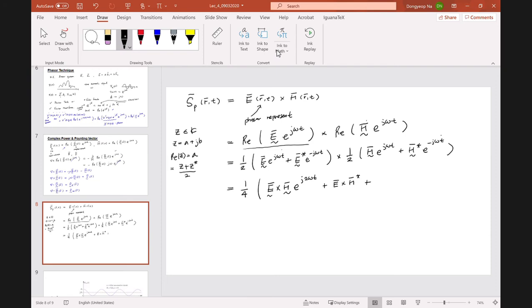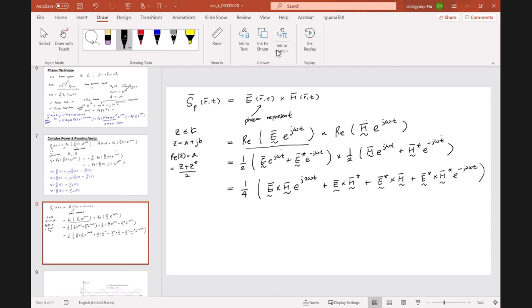And another term also does not have a rotating term due to the cancellation, and the final term is going to be with e to the minus j 2 omega t.